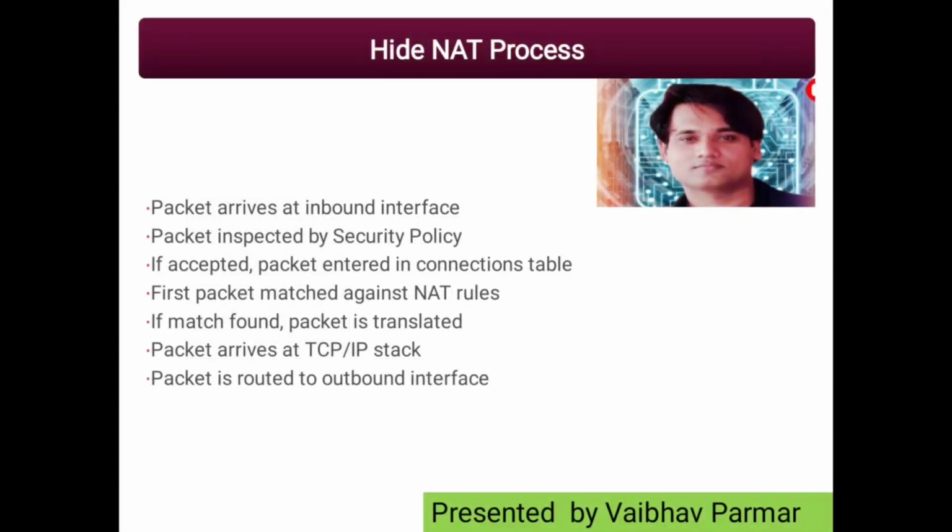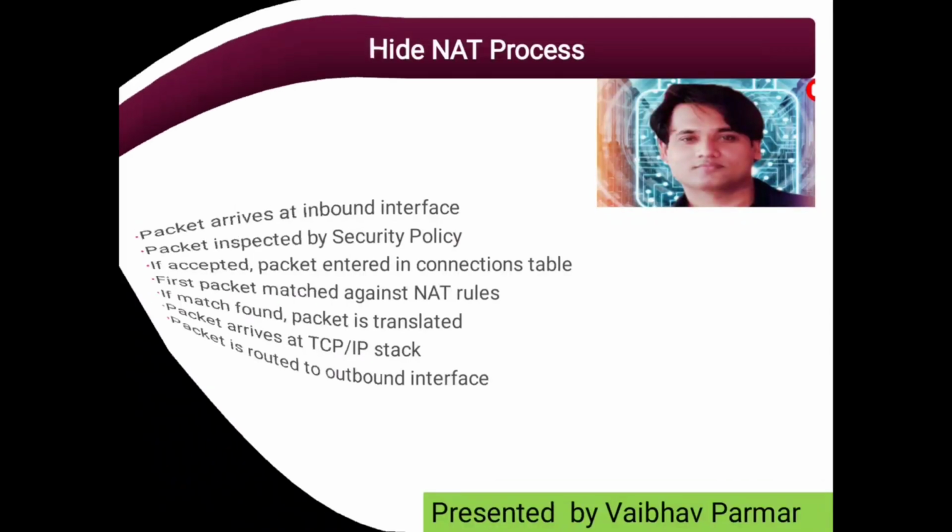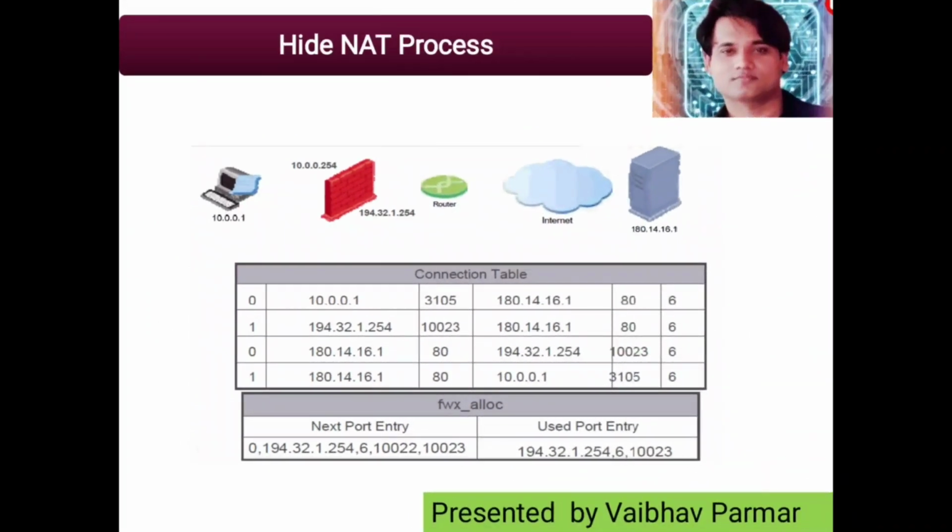Let's understand how the hide NAT process works. Consider first the original packet. When the packet arrives at the inbound interface, it is inspected by the security policy. The first packet, if accepted, is entered into the connection table.